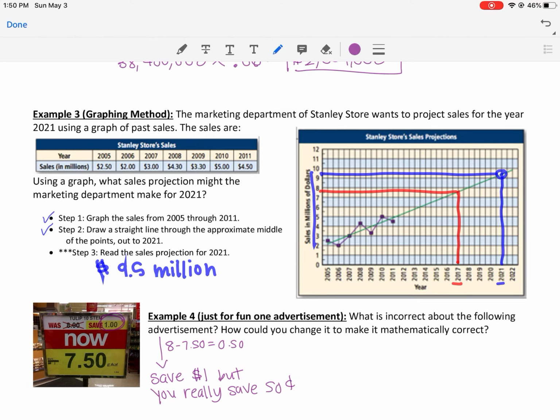But that's just kind of misleading here, right? So how could you change it to make it mathematically correct? You could say save 50 cents or $0.50 rather than $1. I mean, the alternative would be to say, hey, the new price is $7, but I don't think they necessarily want to change the price to be lower so they don't make as much.